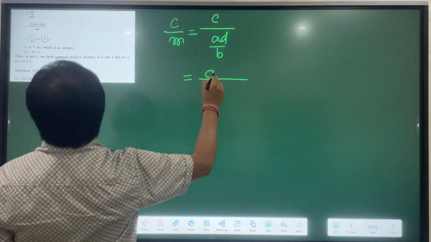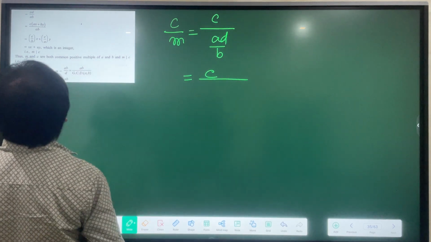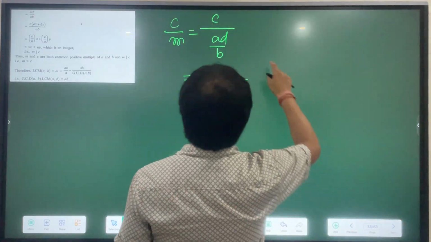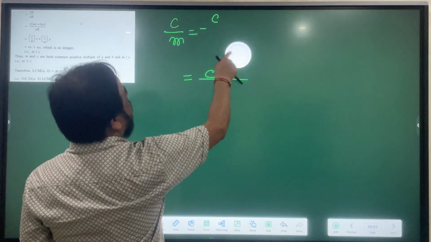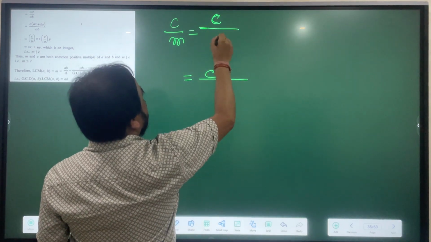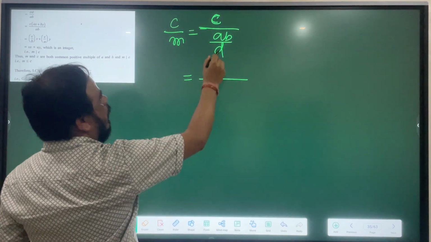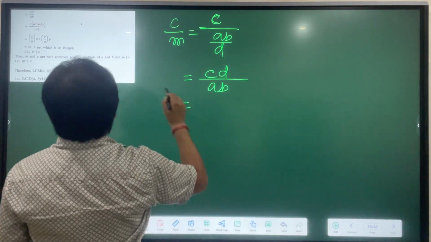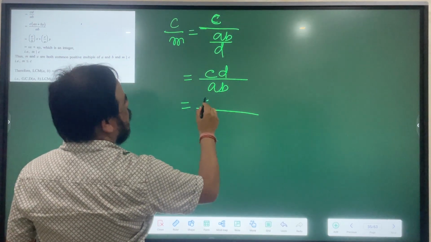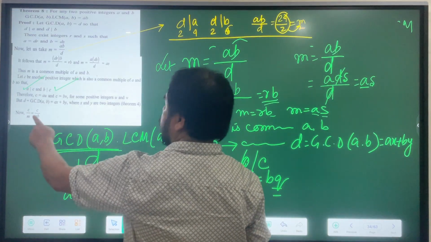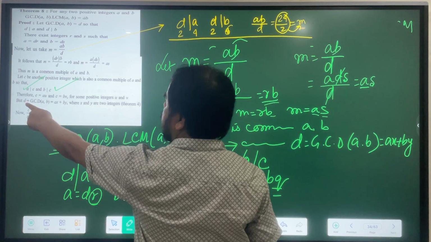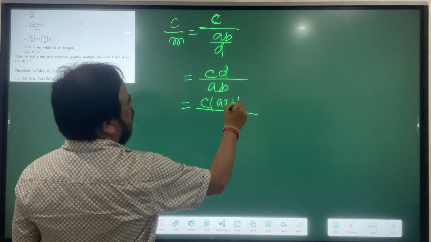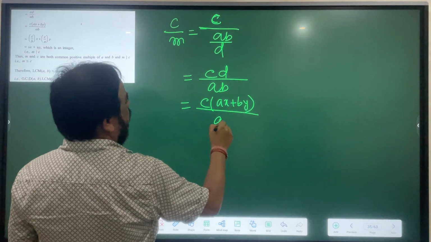Sorry, I have written something wrong here, it is AB by D. Now multiplying, D will be multiplied with C, by AB. So CD by AB. In place of D, we write AX plus BY, and AB is as it is.